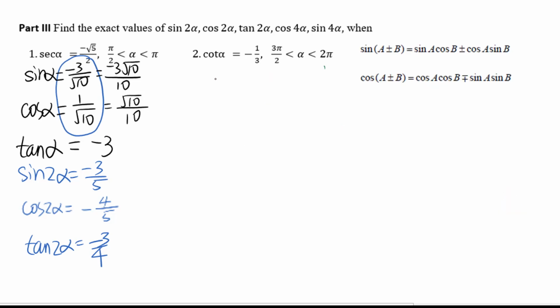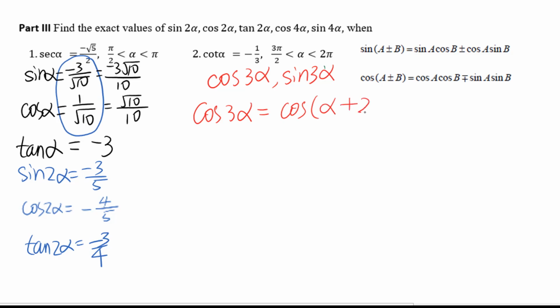Let's try to figure out cosine 3 alpha and sine 3 alpha. For cosine 3 alpha, we can use cosine of alpha plus 2 alpha. Then we use this formula.